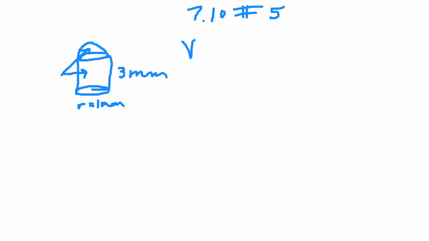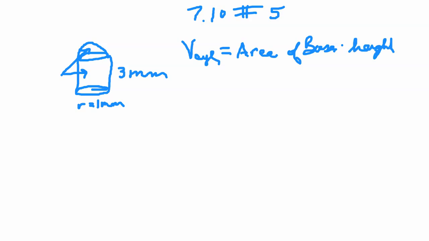So the volume of a cylinder is the area of the base times the height. Our base is a circle, so the area of the base is pi times the radius squared, so pi times 1 squared.